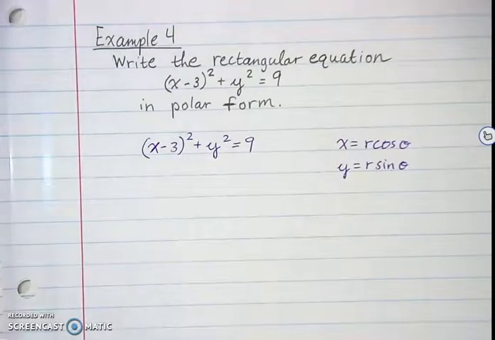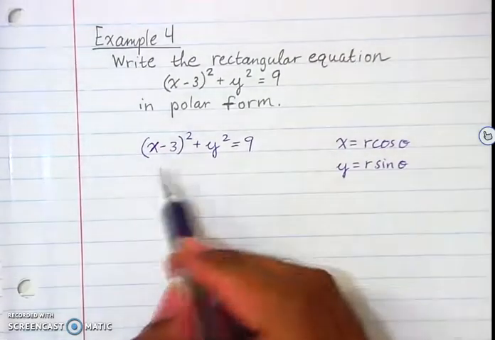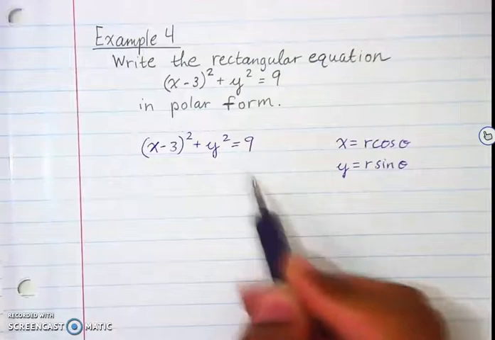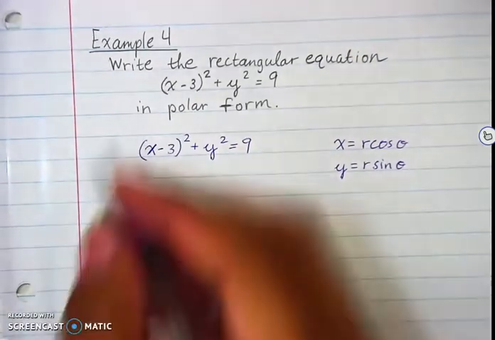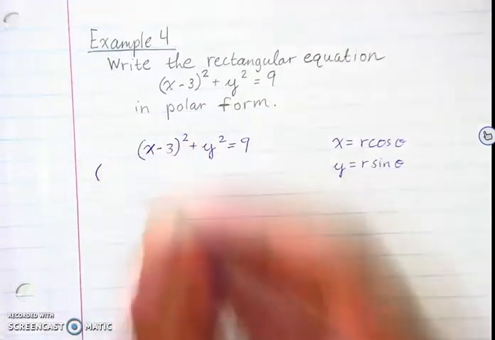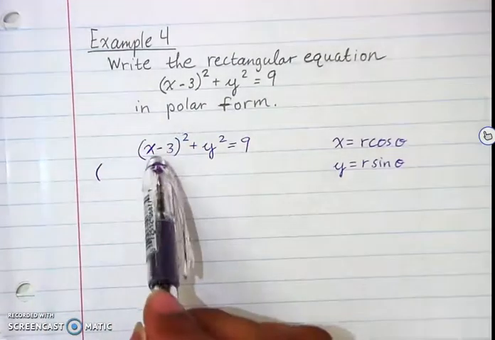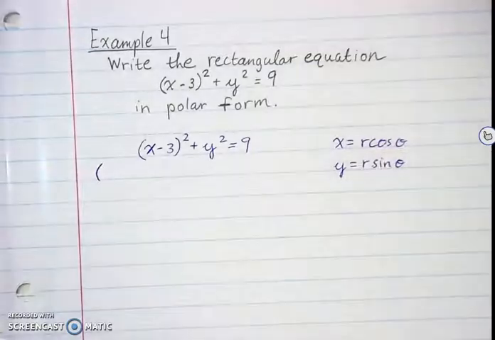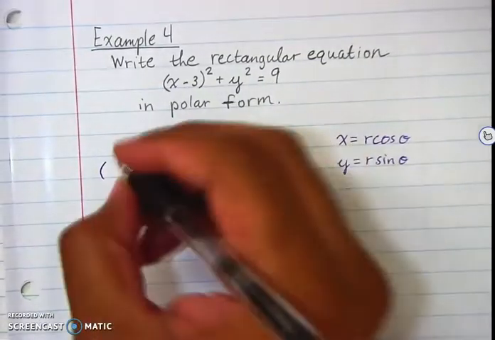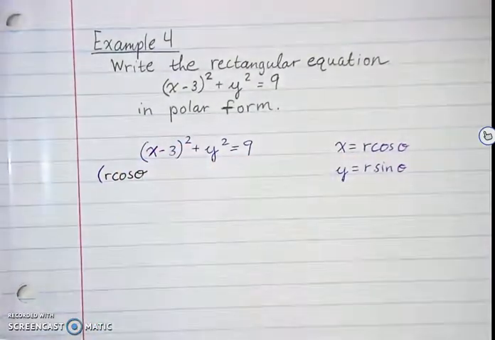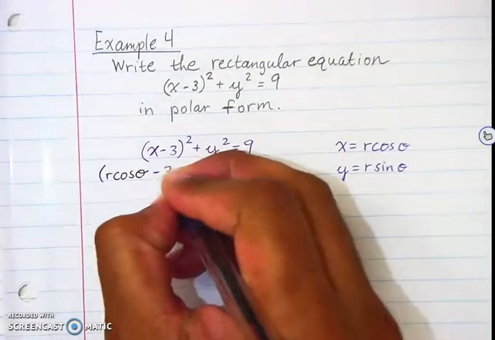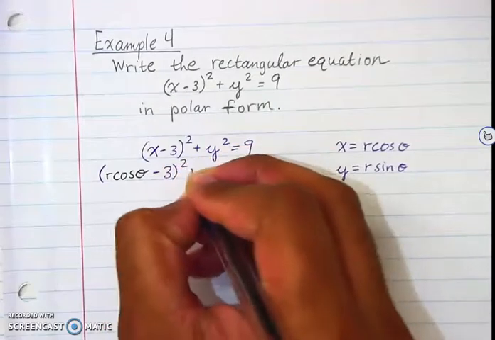Here, we're going to use our x and y to change them over so that we have r's and thetas. For the first portion, we change that x over to what x equals, which is r cosine theta, and we keep everything else the same.